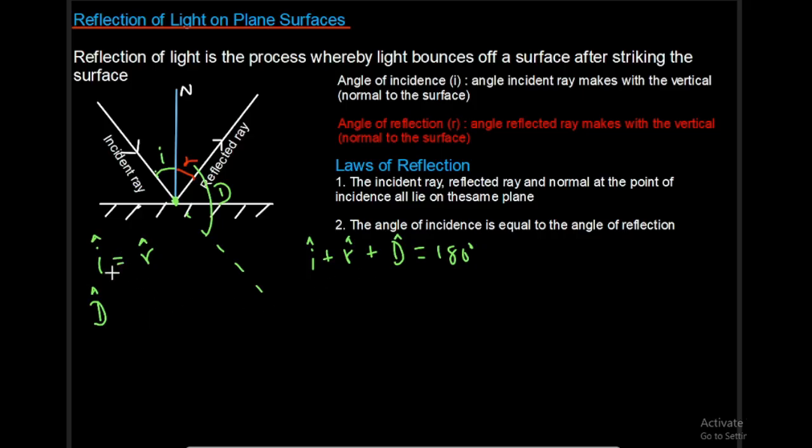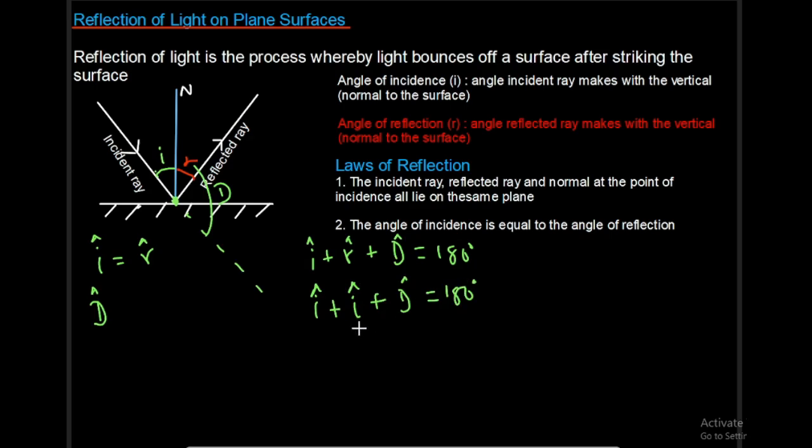Now you also need to remember the angle of incidence equals the angle of reflection. So rather than writing I plus R, in place of R we can write I, because I is also equal to R. So we have angle of incidence plus angle of incidence plus angle of deviation equals 180 degrees.